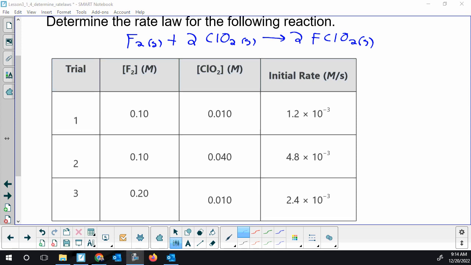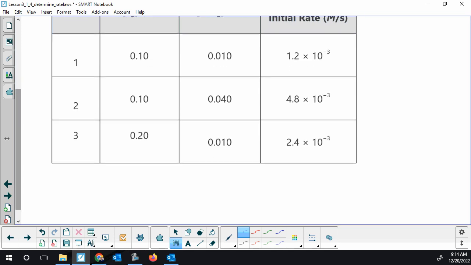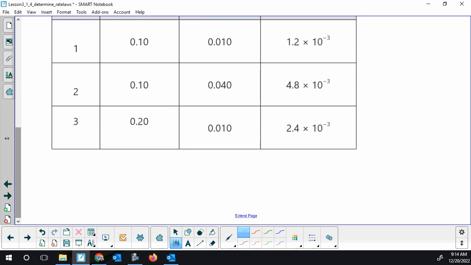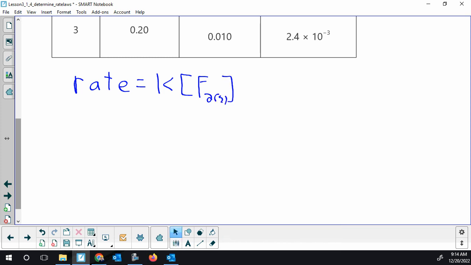Okay. So what we're trying to build, which won't be complete yet: the rate equals some constant times the concentration of fluorine gas to some power. Now I'm going to take that question mark out. We're going to figure out what power goes there.